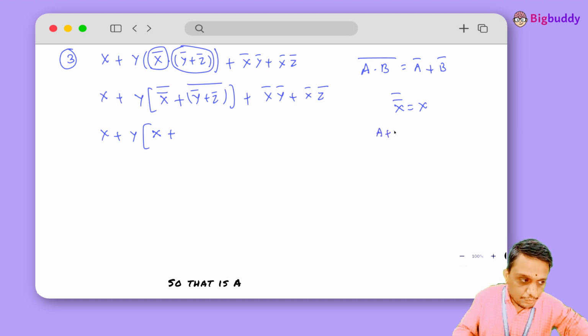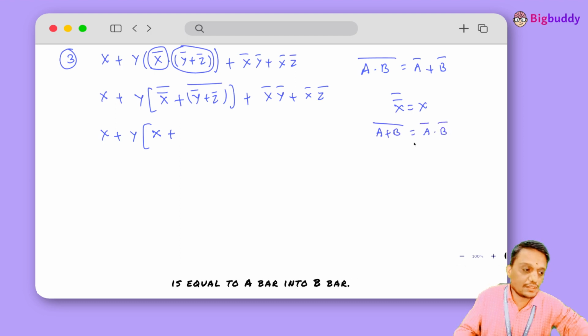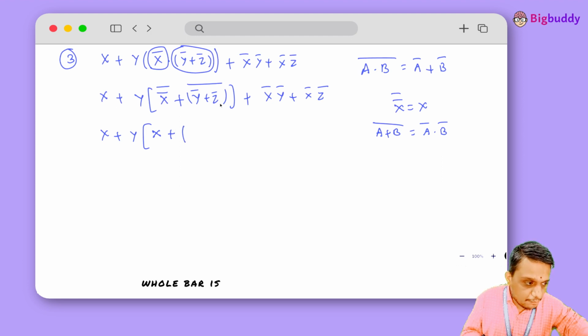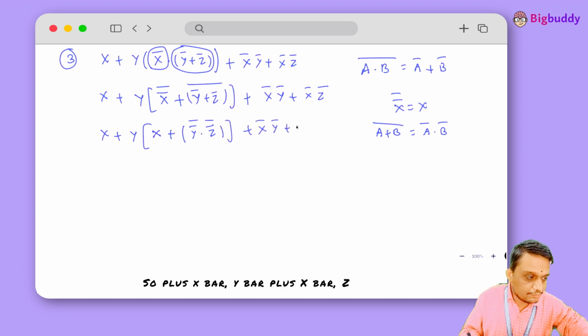So that is a plus b whole bar is equal to a bar into b bar. This is also De Morgan's formula. So y bar plus z bar whole bar is y bar bar into z bar bar, that is yz, plus x bar y bar plus x bar z bar.